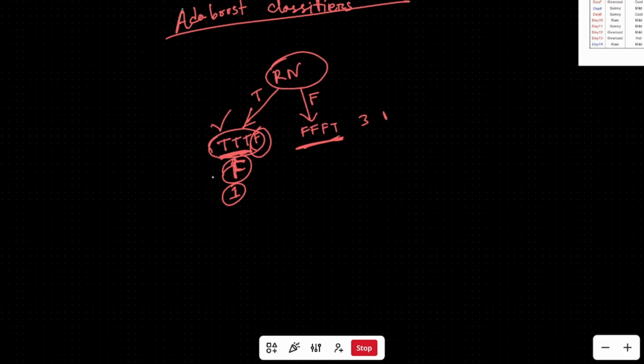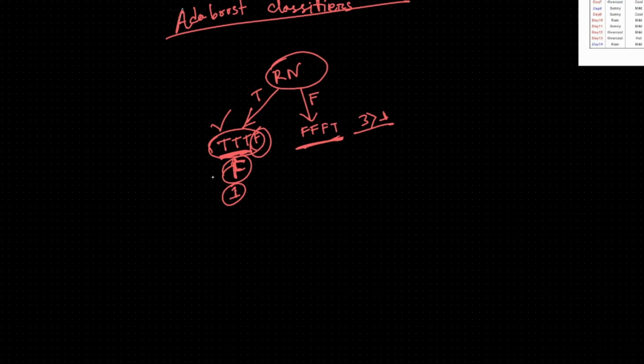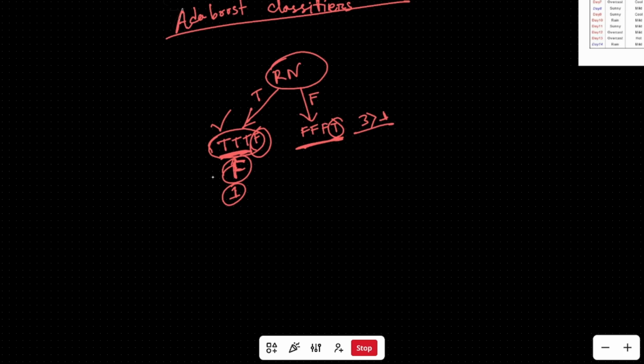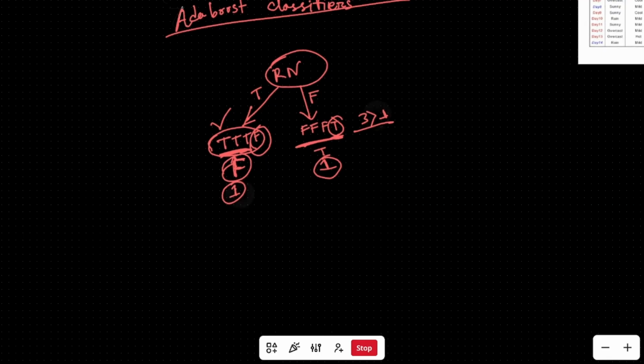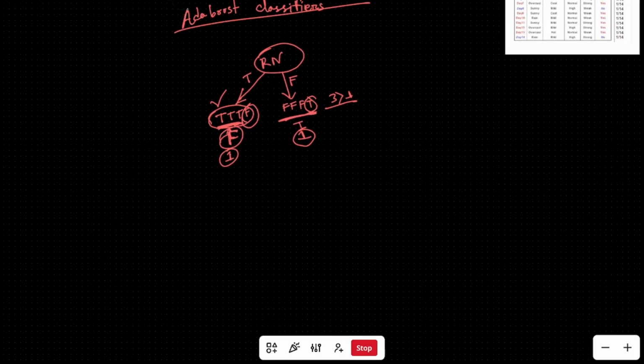So 3 is greater than 1, so the expected result is false but there is 1 true. So the misclassified data is true, and the quantity is 1. This is how we determine the misclassified data.